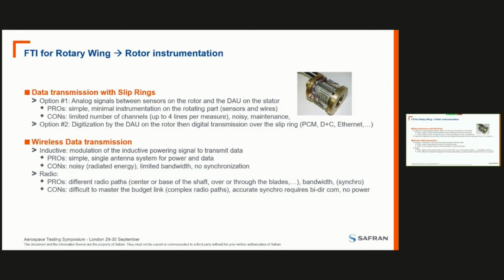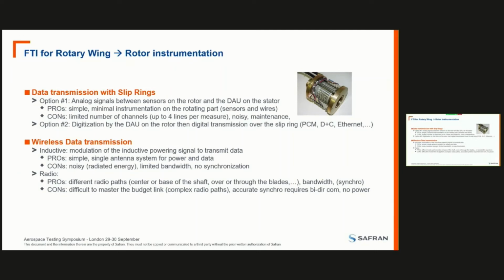The second one is using radio transmissions, and many different solutions exist for that. But it's always quite tricky because of the masking aspect of the blades, and usually it has some counterpart in terms of bit error rate.